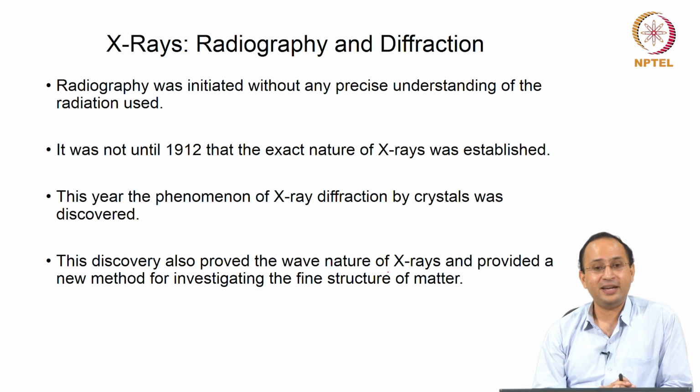It was not until 1912 that the exact nature of X-rays was established. It took quite a bit of time, although X-rays were discovered in 1895 by Röntgen. This year the phenomenon of X-ray diffraction by crystals was discovered.